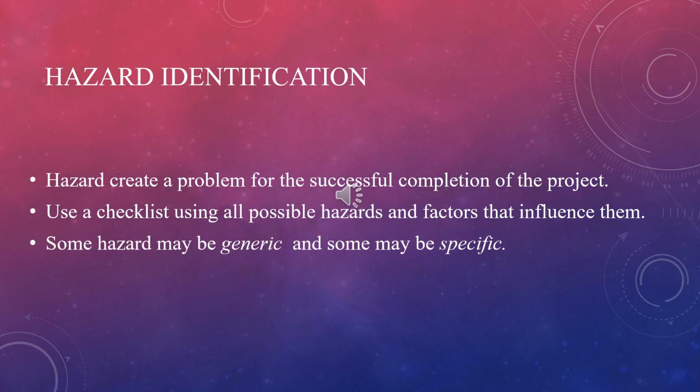Some hazards may be generic hazards, while some others may be specific. A generic hazard means they are relevant to all software projects, and standard checklists can be used and augmented from an analysis of past projects to identify them.